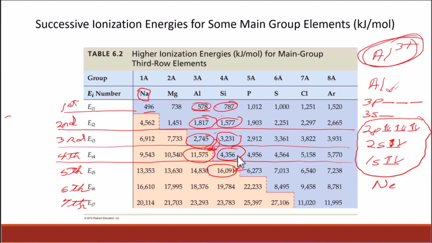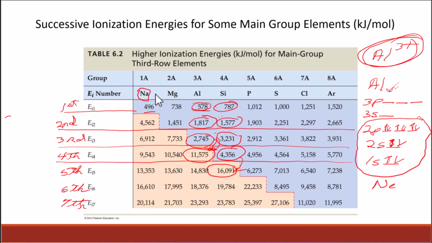You're going to want to look for this big jump, and does that big jump happen at the second ionization energy, the third ionization energy, the 4th ionization energy, or the 5th ionization energy? And that'll tell you what element it is.